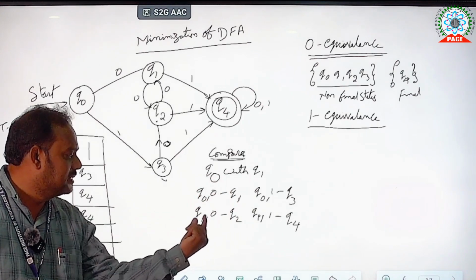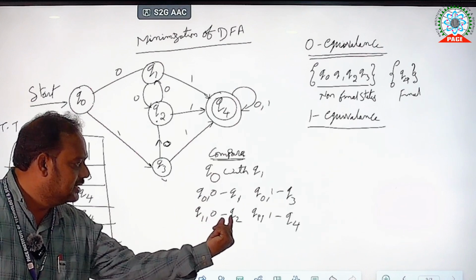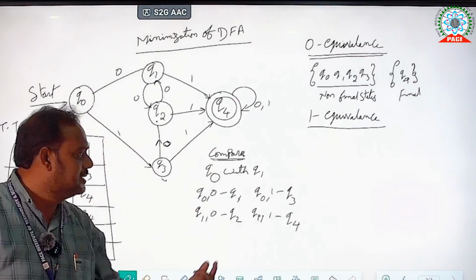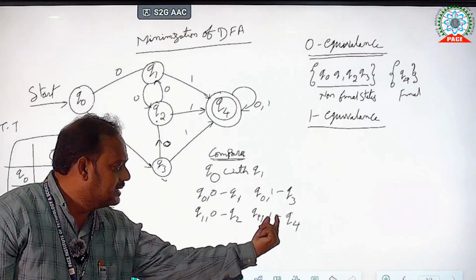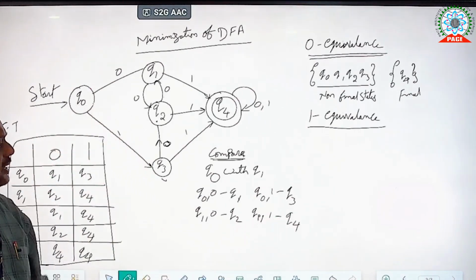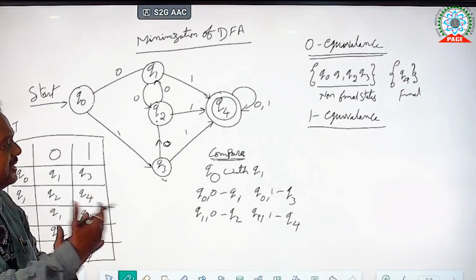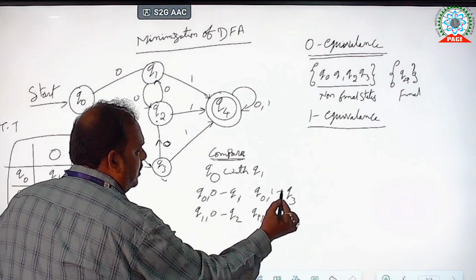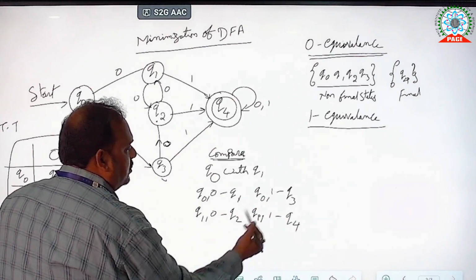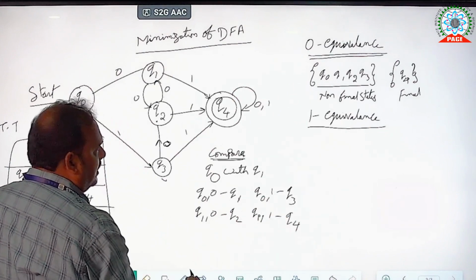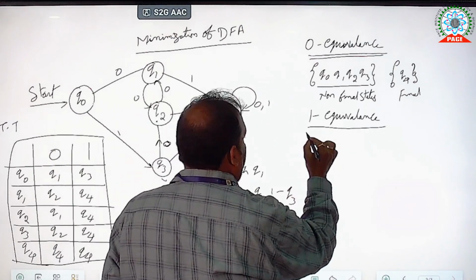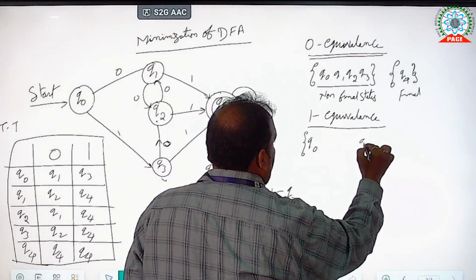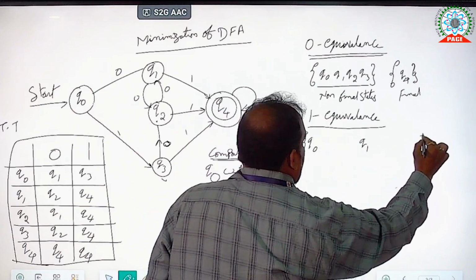Q1 with 0 transition reaches the Q2 state. Q naught with 1 transition reaches the Q3 state. Q1 with 1 transition reaches the Q4 state. It means that they reach different states. So there is no match between Q naught and Q1, since Q1, Q2 and Q3, Q4 differ. That's why I write Q naught as a separate state, and Q1 as a separate state. And Q4 is the final state.